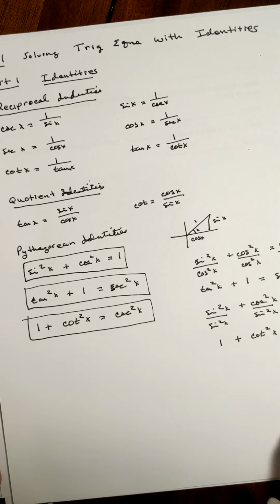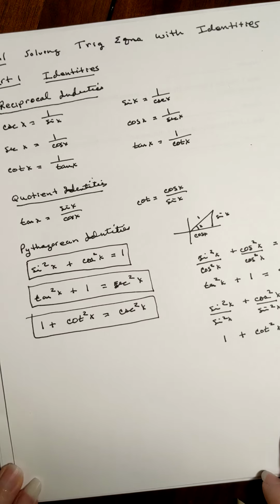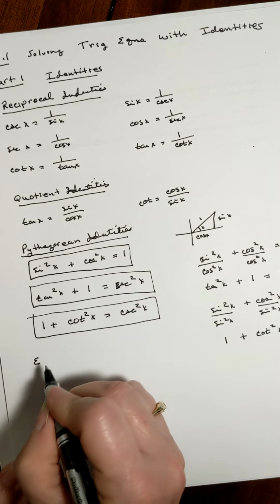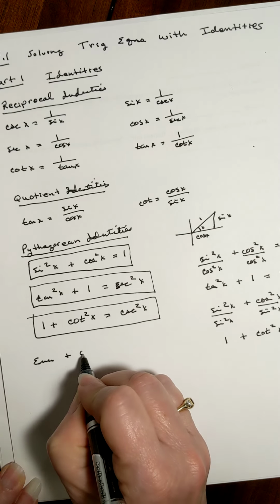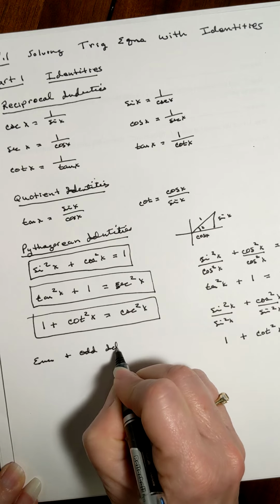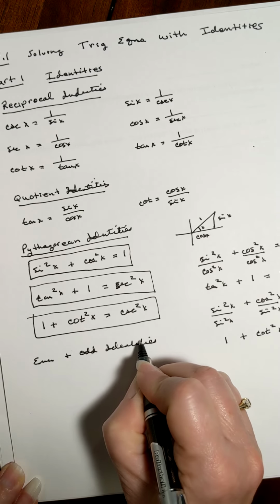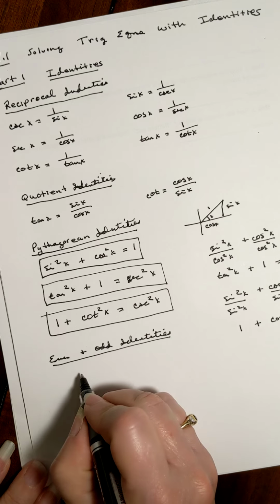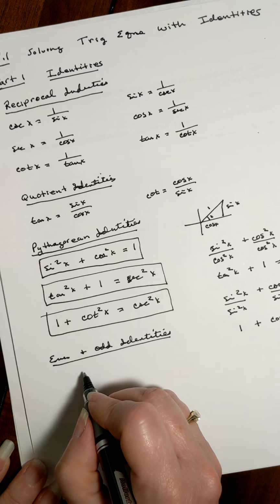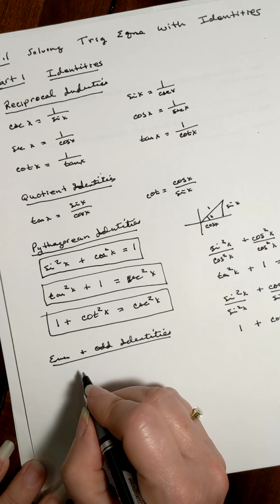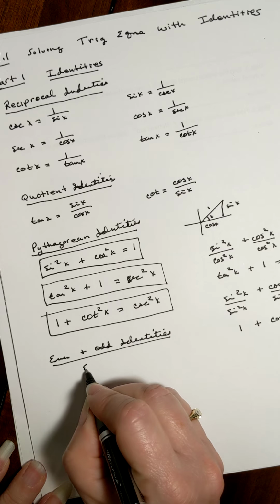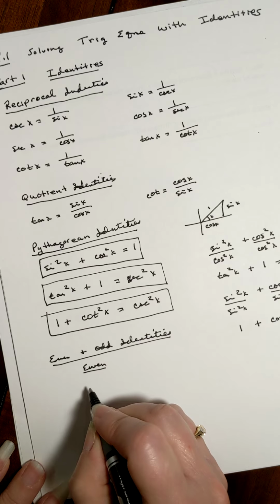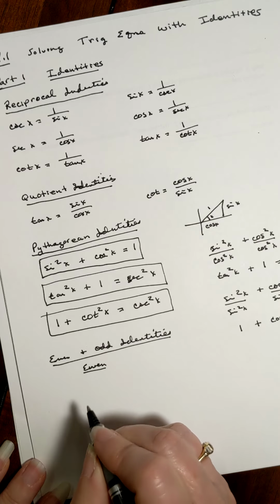And then the last identities that we're going to look at are our even and odd identities. So in this one, first of all, let's remember we were talking about even and odd when we did the graphing. So remember, our two even functions that we dealt with were the cosine of x and the secant of x.